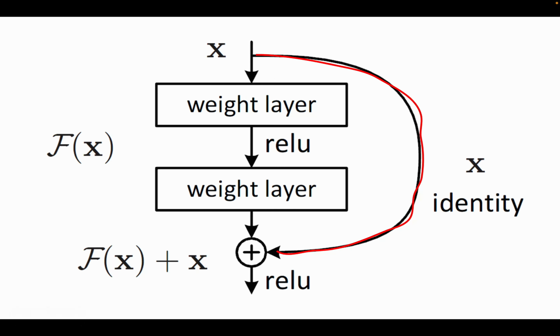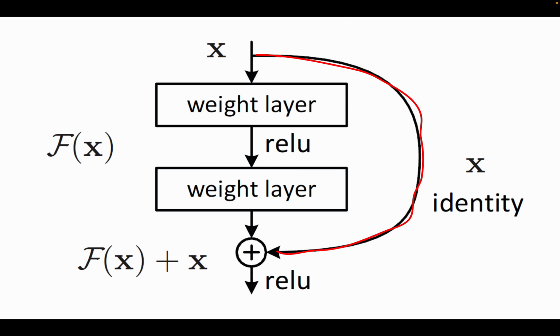How are we achieving it? We are passing the same information, retaining the same information of x even after the multiple layers using this addition mechanism. So this is referred to as add in the transformers architecture.